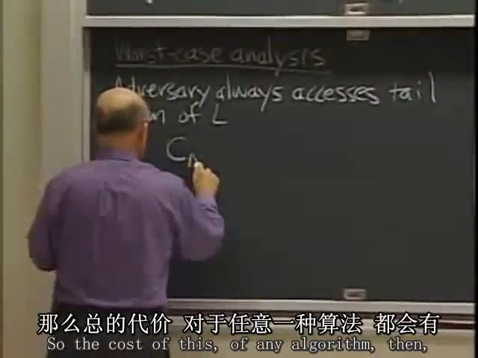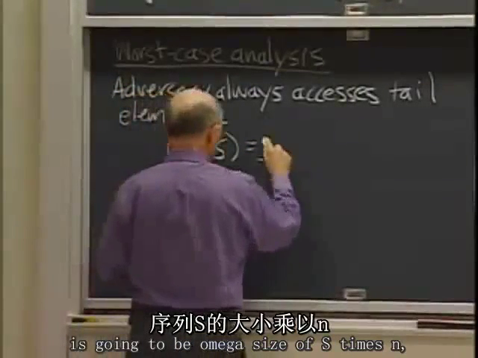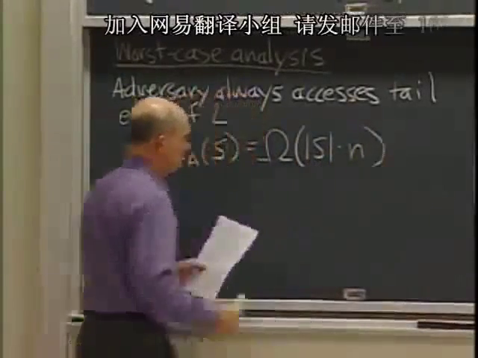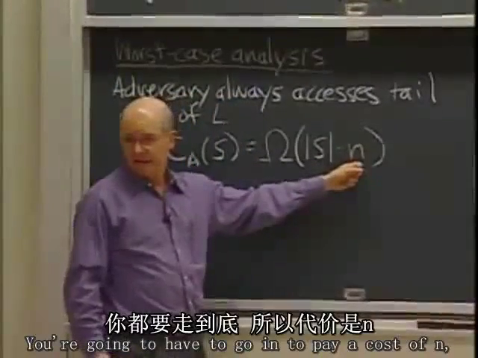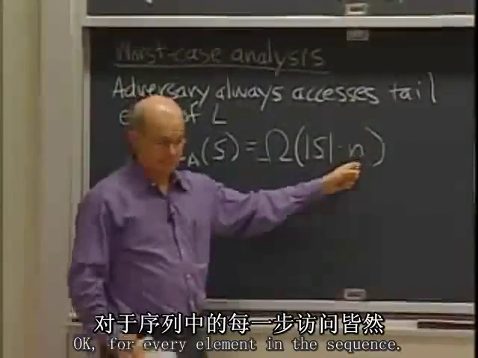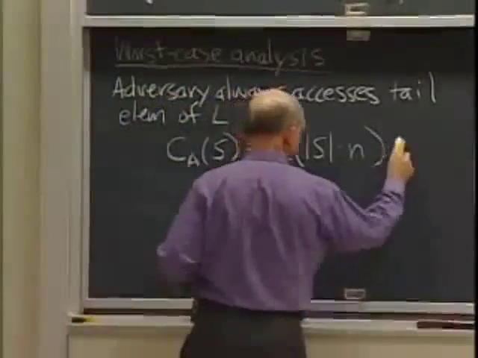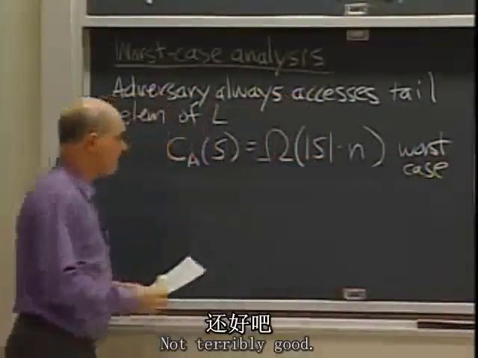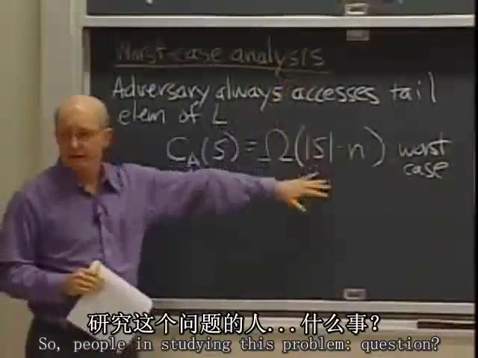So the cost of any algorithm is going to be omega of size of S times n. Because for every element in the sequence, you're going to pay a cost of n. So not terribly good in the worst case.